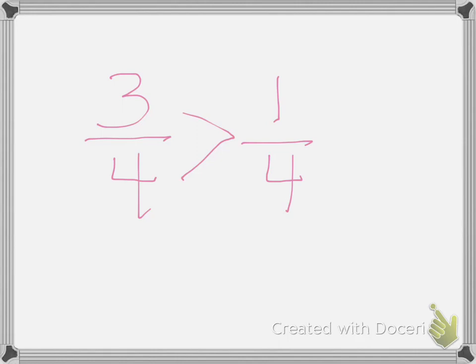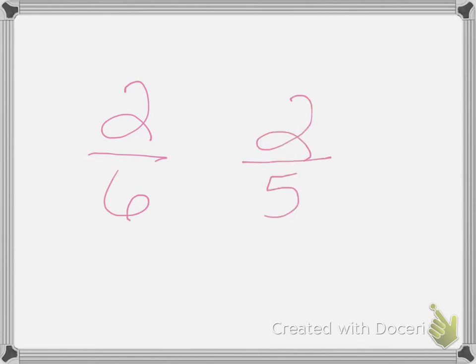Okay? So let's try another one that I want you to try. Let's try 2/6 and 2/5. Pause the video again and see if you can figure out which one is going to be your larger fraction. Okay, so you should have paused it.